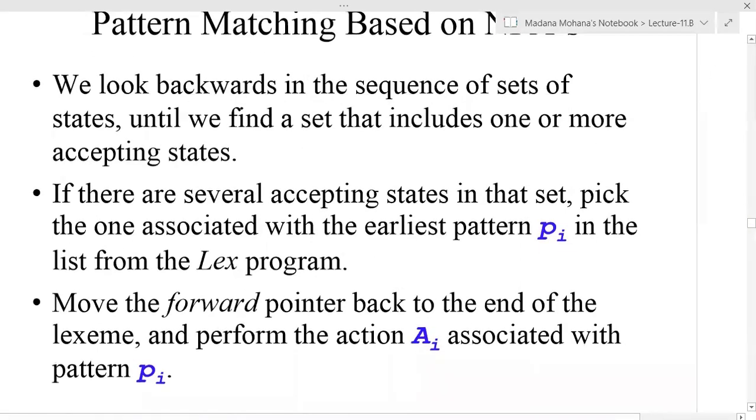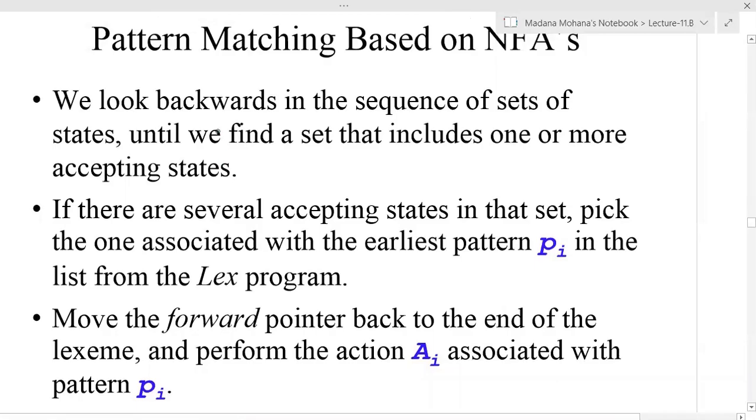Now we look backwards in the sequence of sets of states until we find a set that includes one or more accepting states. We can verify the sets of states obtained earlier, go back and check whether any set contains a final state.